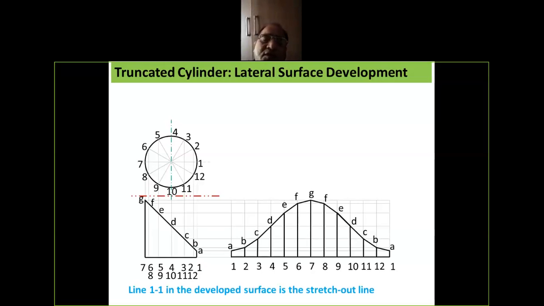So many questions have been given about cutting or truncated portions of a cylinder.